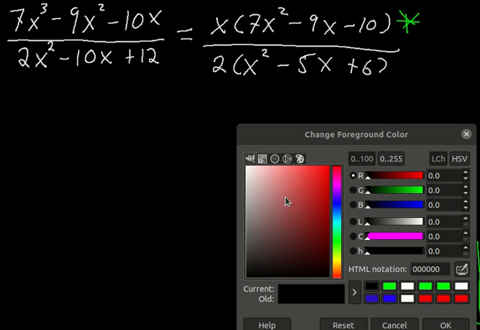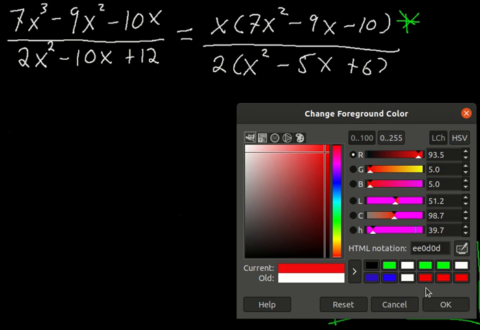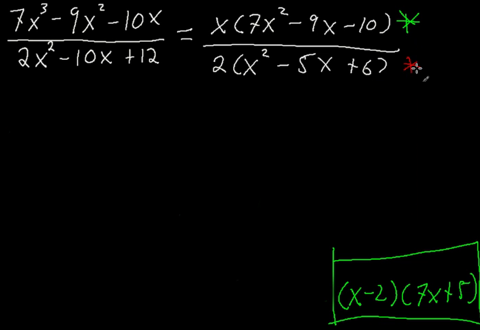Now, what can we do with x squared minus 5x plus 6? Maybe I'll change to a different color. This is a leading coefficient of 1 problem, so we need to find the factors of 6 which add to negative 5.